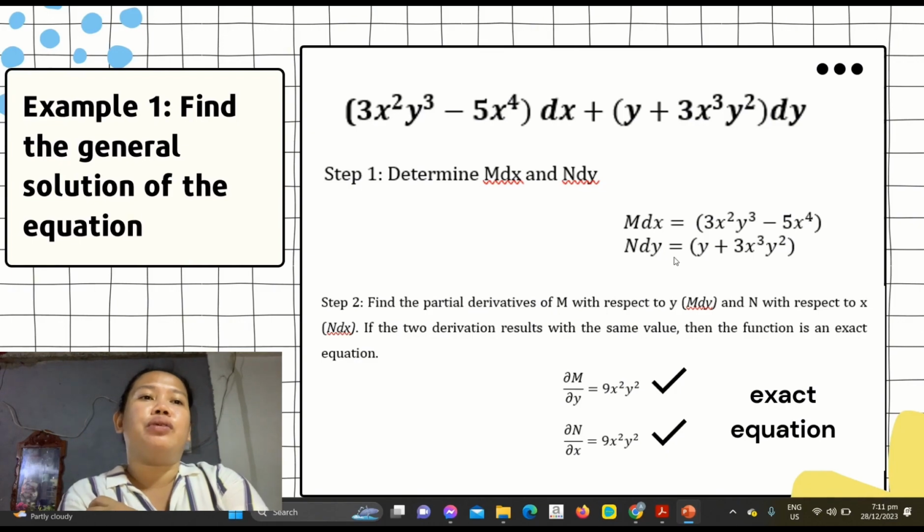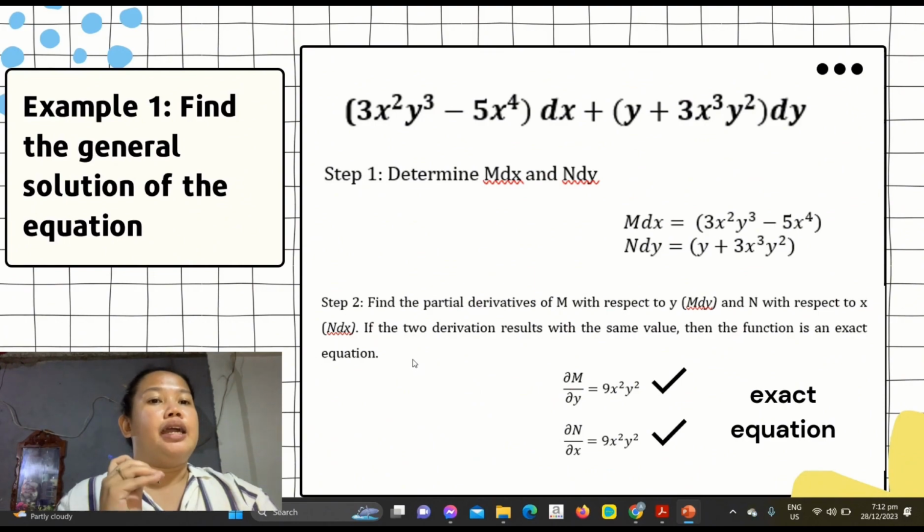The next one would be step 2. Find the partial derivatives of m with respect to y, which is the m dy, and n with respect to x, which is the n dx. Note that if the two derivatives result in the same value, then the function is an exact equation. So in this step, we are going to test for the exactness of our equation.